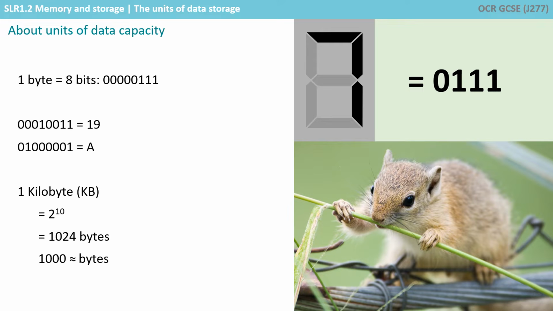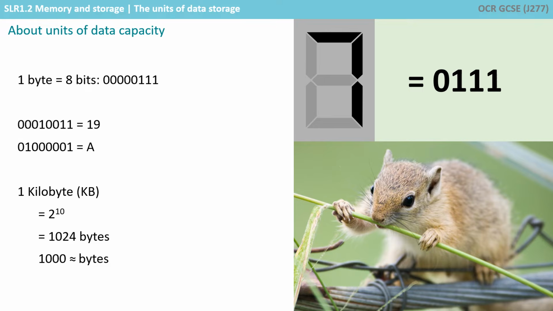A single byte, whilst useful for storing a single character, is not enough for other types of data, and therefore computers started using thousands of bytes of data called kilobytes. As the binary system is a base 2 number system, these larger units are 2 to the power 10 units. 2 to the power 10 is 1024, so a kilobyte is actually 1024 bytes and not 1000.